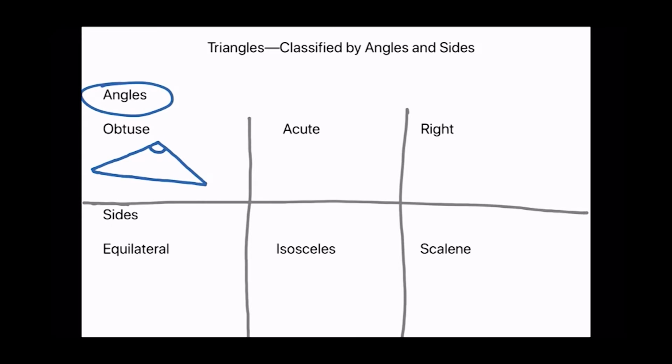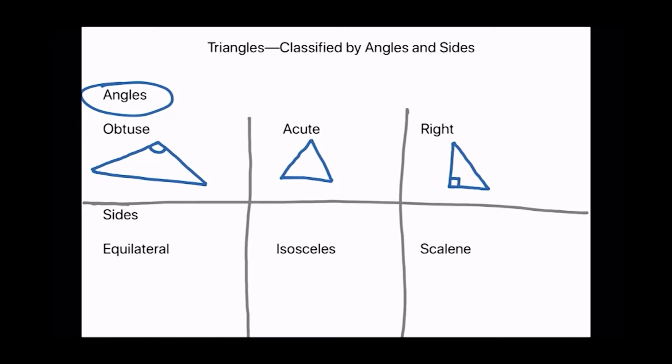The next one is an acute triangle. And an acute triangle has three acute angles. So every corner is less than 90 degrees. There are no L shapes. So it is classified in that way by the angles. And then the last one is called a right triangle.